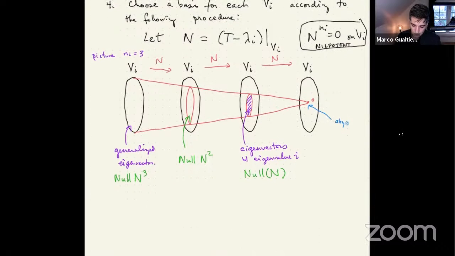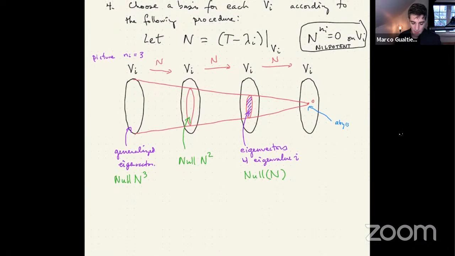Okay, so let me explain the procedure for n equals 3. So first find the null space of n to the n minus 1, which in this case is n squared.